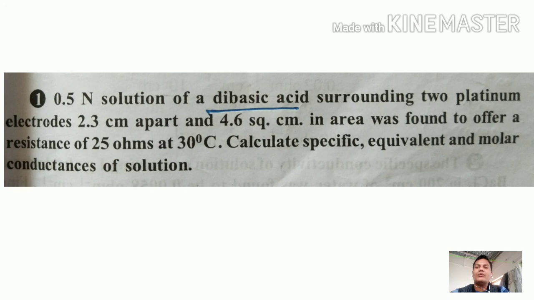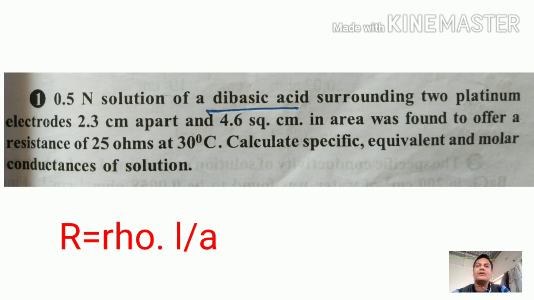So we know the formulas, that is R is equal to rho into L by A. That means the simple resistance of any wire or conductor is always directly proportional to the length of the conductor and inversely proportional to the area of cross section. So by using this equation you can calculate specific conductance, because first of all you will get specific resistance.